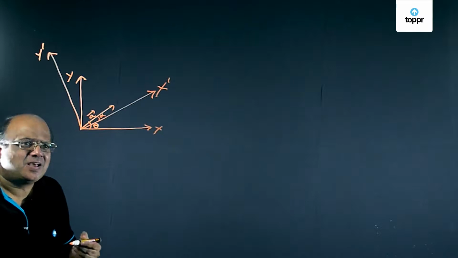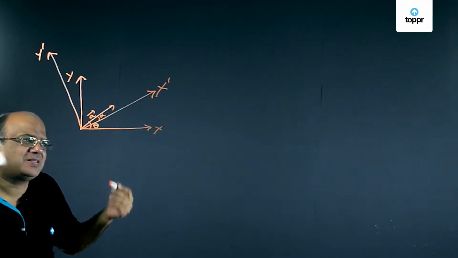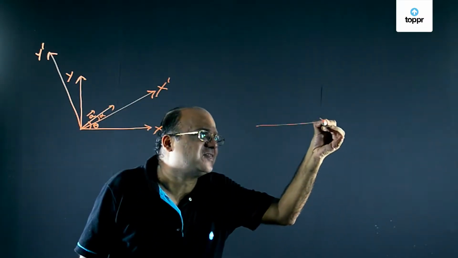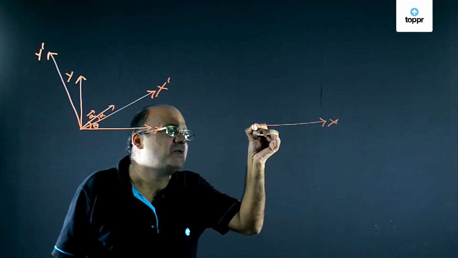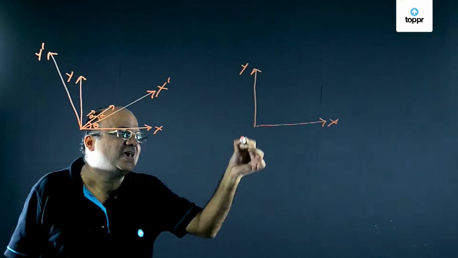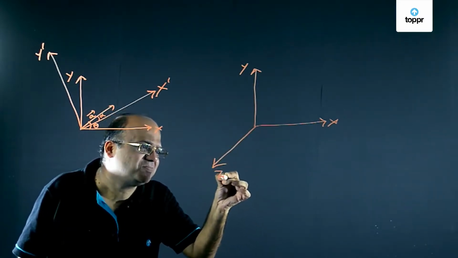Right? What happens when a vector is in the 3D space? Let us look at that. This is some x-axis. Perpendicular to this is y-axis. And z-axis is perpendicular to both these axes.